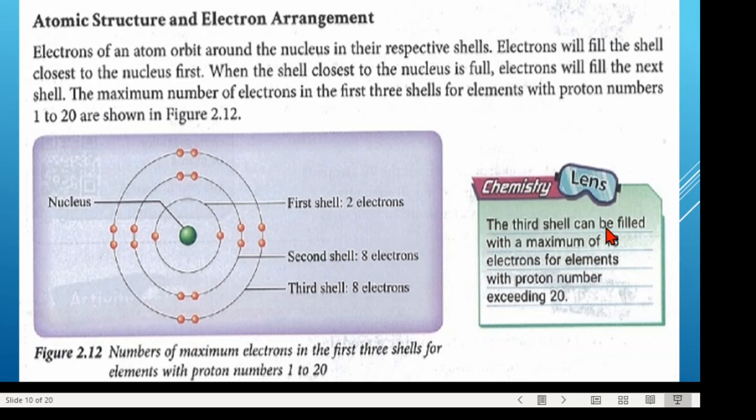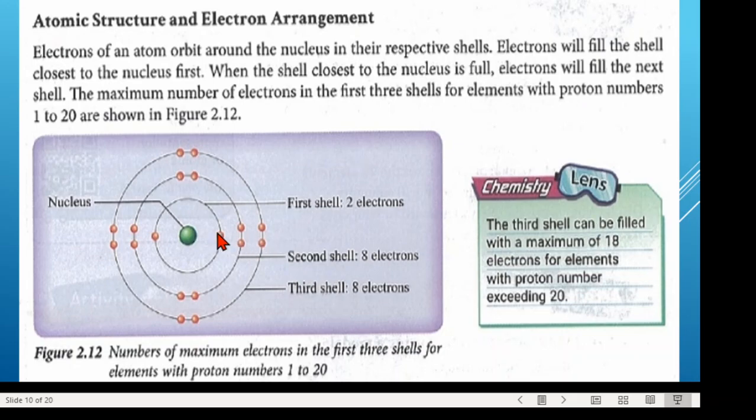The third shell can be filled with a maximum of 18 electrons for elements with proton number exceeding 20. Okay, maksudnya di sini, kalau di sini 2, di sini 8, di sini 8. Berapa total? 2 plus 8 plus 8. 18 kan? 18.